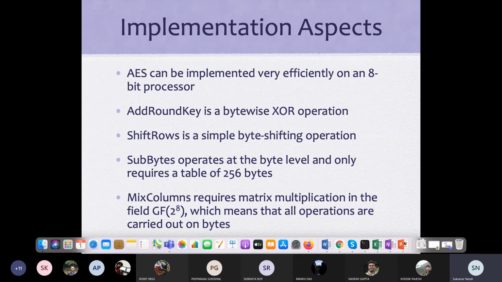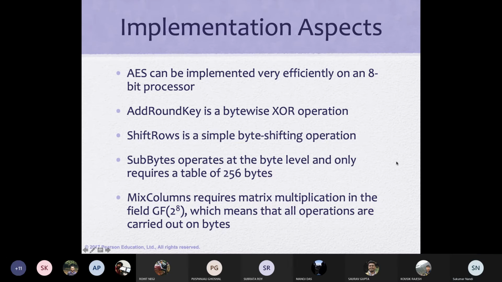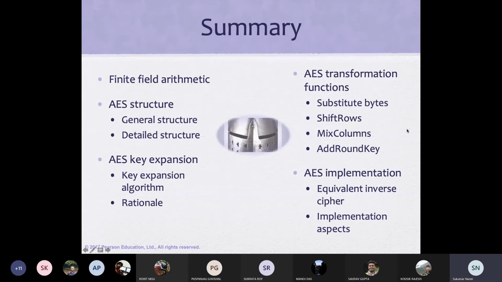So coming back to this, most of the operations are bitwise, the XOR operation and shift operation. So it is very easy to implement in a processor. So we learned AES, and the Feistel cipher or DES differ by a huge amount.